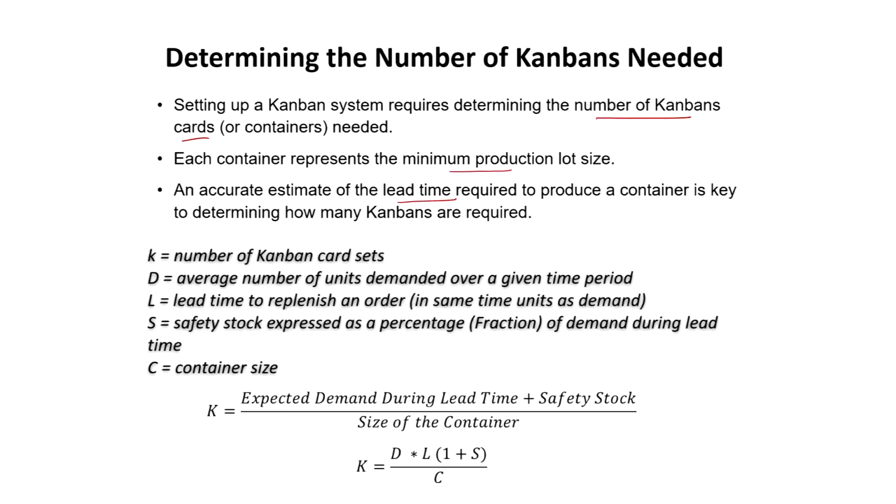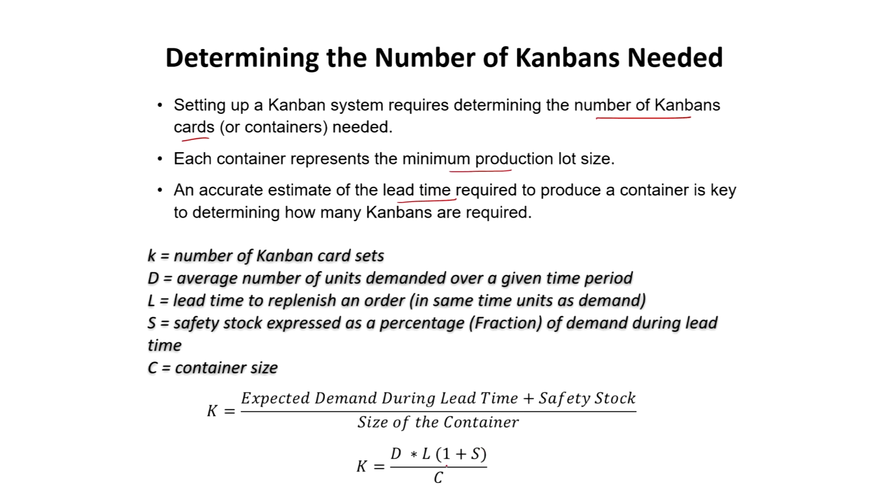We have to look at the lead time of manufacturing and of purchasing also. So, all types of lead time, whether purchasing lead time, manufacturing lead time or distribution lead time, we have to keep in mind while deciding how many Kanbans, how much quantity I should keep at a particular place. So, let us use this very simple formula.